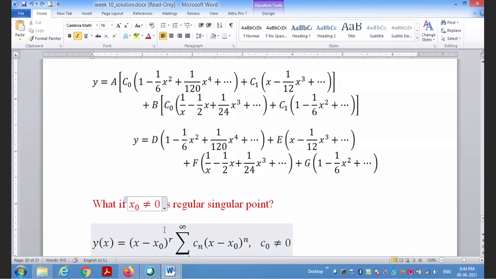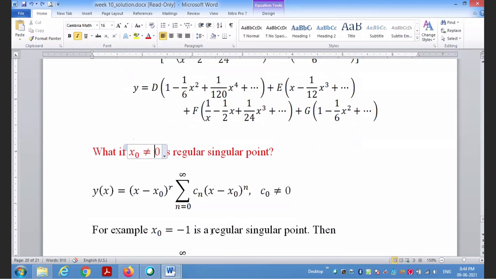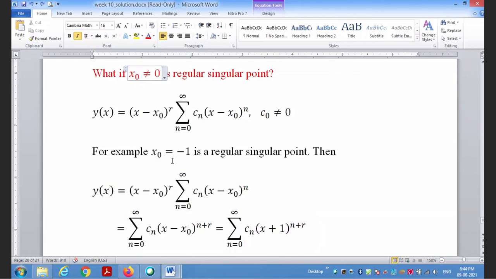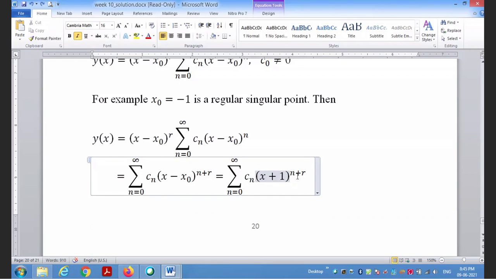You use the same process as before, but now, for example, when x naught equal to minus 1, y(x) will be the summation of Cn (x minus x naught)^(n+r), which will be Cn (x plus 1)^(n+r), because x naught now becomes minus 1, so x minus x naught becomes x plus 1. So it's no longer x to the power n plus r.